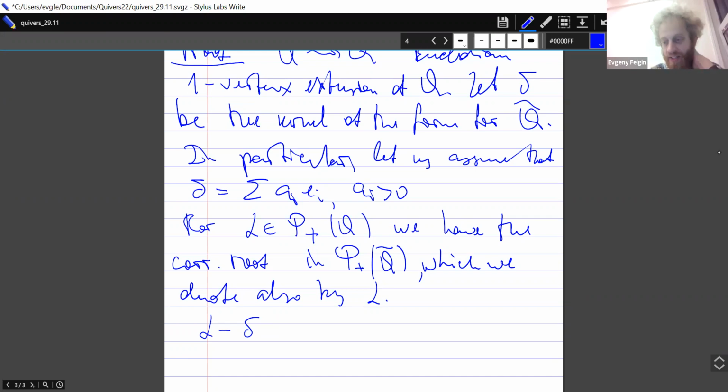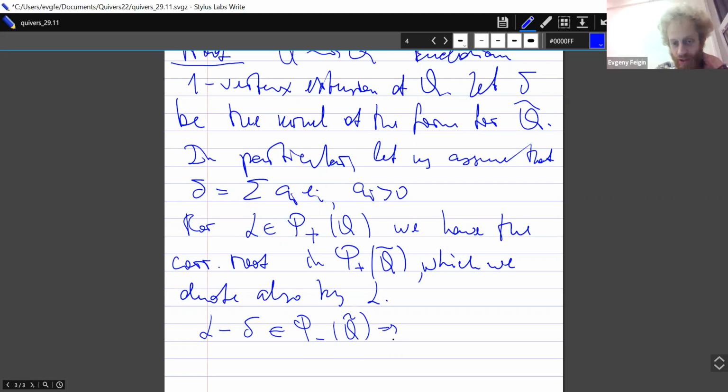In this one extra vertex we've added to get Q tilde, alpha has no coordinate at all. This was our extension, and delta is positive everywhere, in particular in this new coordinate as well. So this is negative. Then for Q tilde, we conclude that all coordinates of alpha have to be no larger than the coordinates of delta.